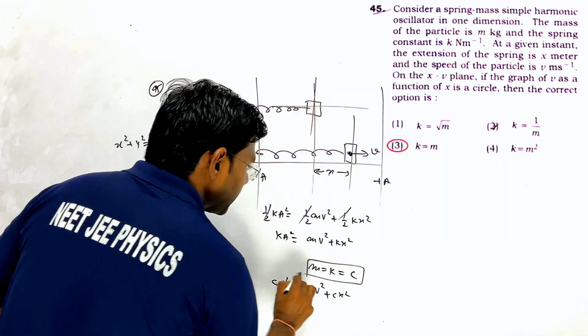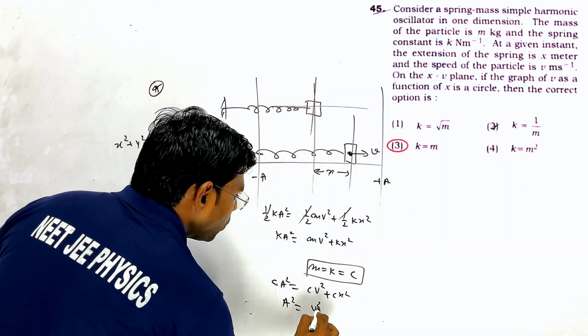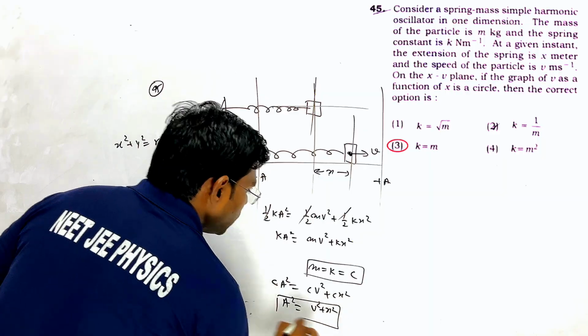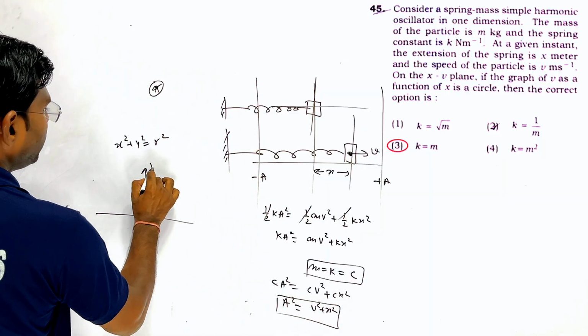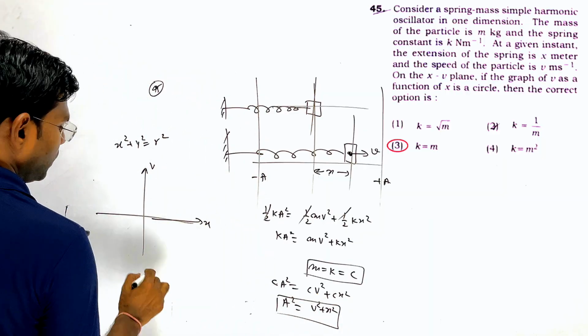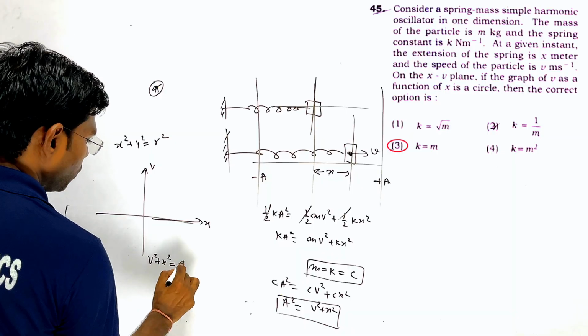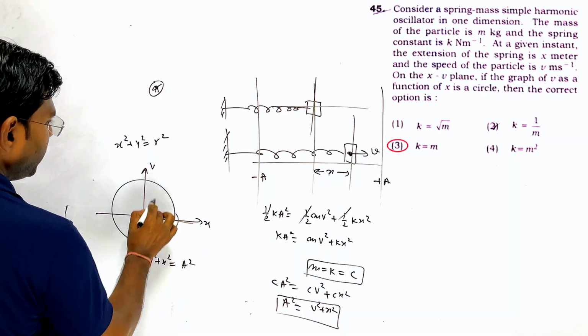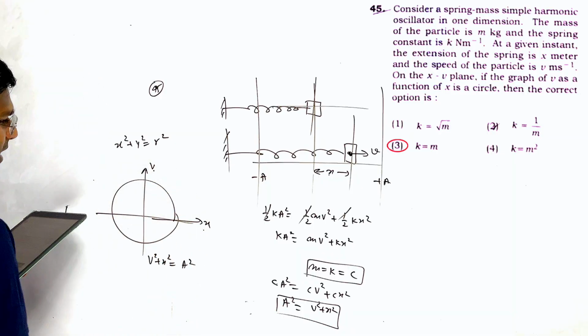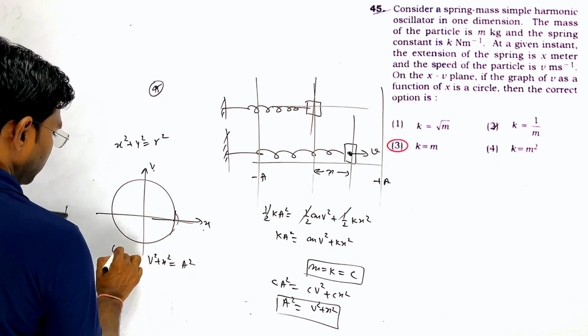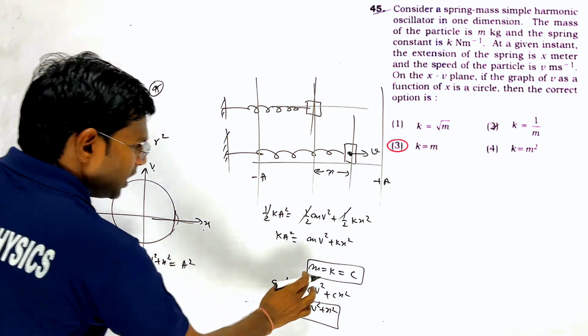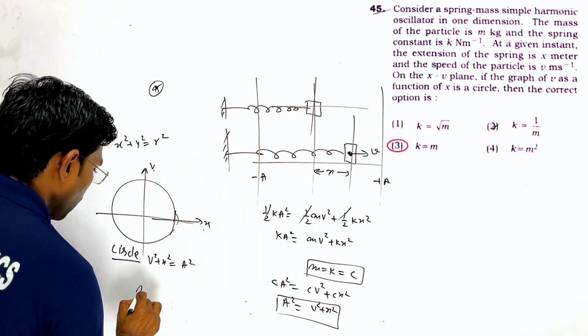If m and k become c, then v square plus x square becomes a square. So if you draw the graph between v and x, v square plus x square is equal to a square, so the graph between velocity and x will be a circle, right? When is it possible? If m and k both are equal.